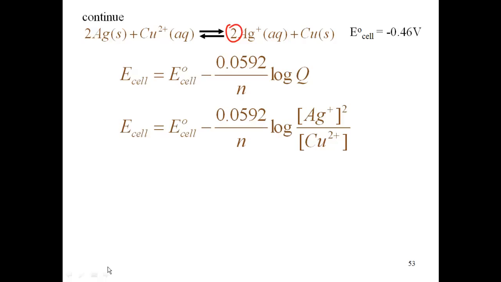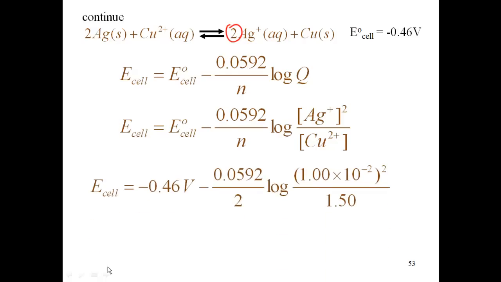Now plug in my values. We know that the potential of my standard cell is negative 0.46. I have 0.0592 divided by the number of electrons in my balanced equation, which is 2, times the log of my concentration of silver, which was given to me as 1 times 10 to the minus second, that value squared, divided by 1.5. Mathematically, I do my division first, then take the log of that number and multiply by 0.0592 divided by 2.